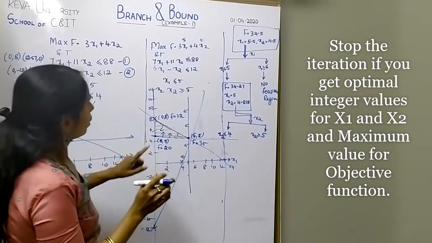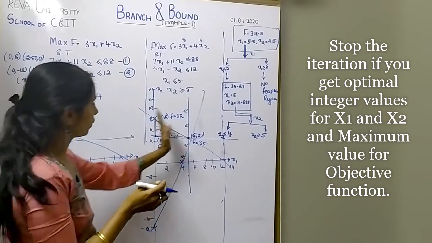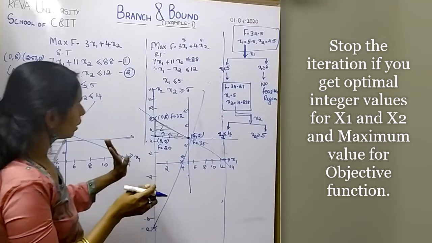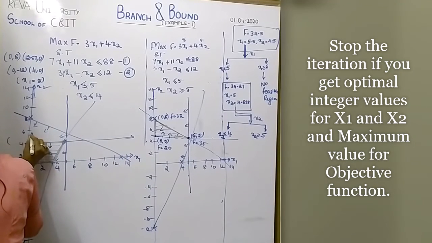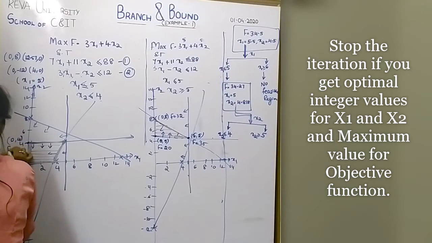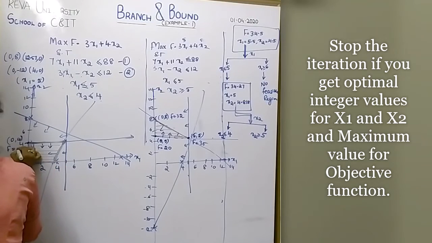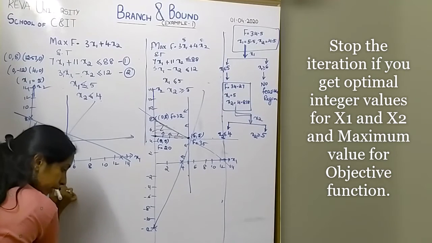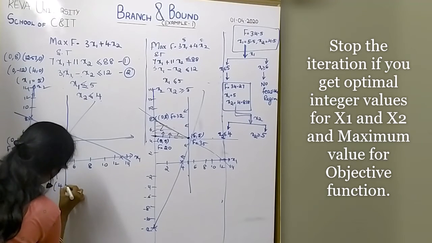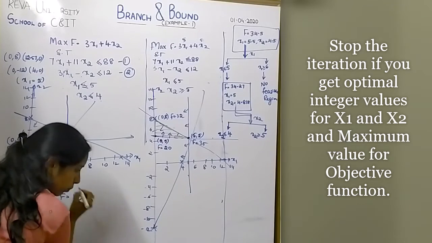Now we'll solve this also, then we'll decide which point we have to select. What is this point here? This point is 0, 4. What is the f value for 0, 4? It is 16. Then this point is 4, 0. What is the f value? It's 12.